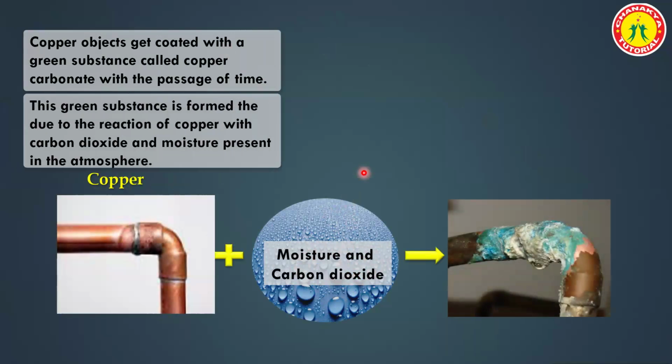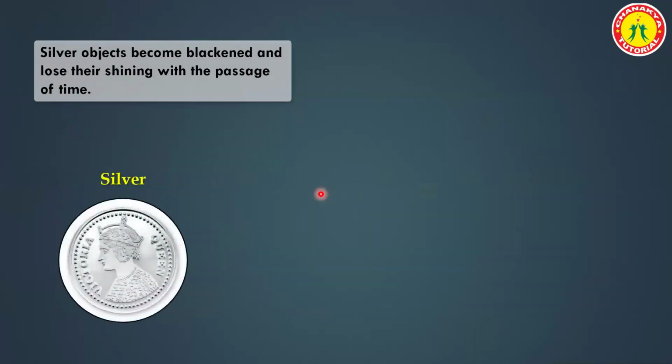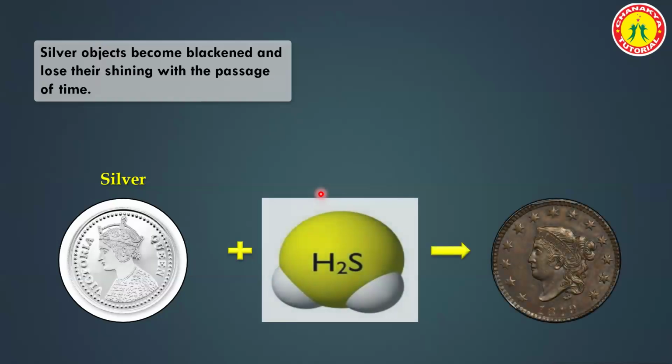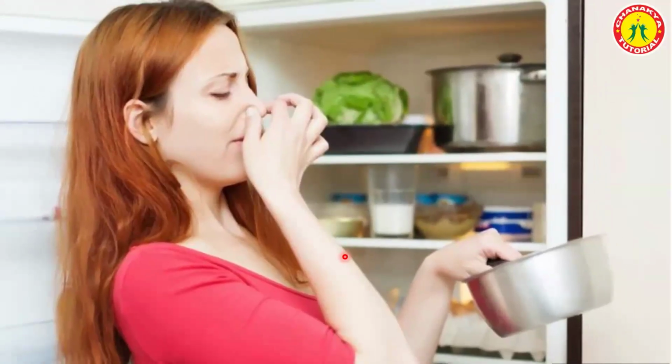This green substance is formed due to reaction of the copper with carbon dioxide and moisture in the atmosphere. If we buy a new silver coin, with time it changes into black. Why is this happening? Because the silver is reacting with hydrogen sulfide, which is present in the atmosphere, and forms the black color.